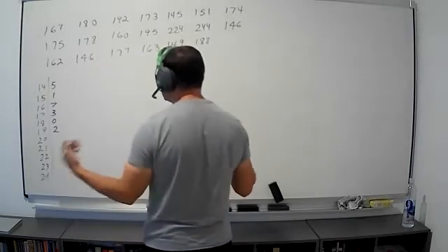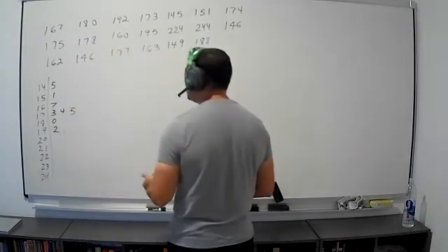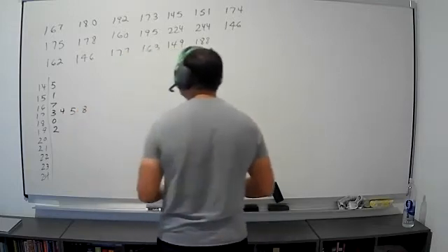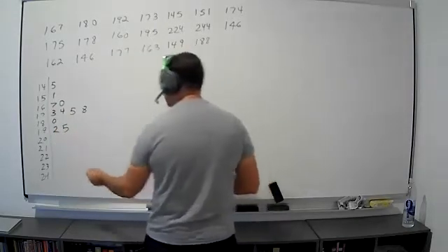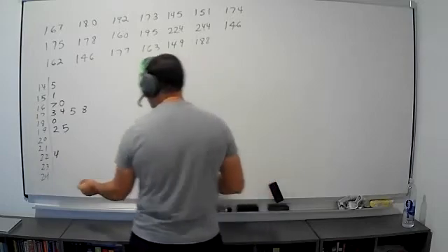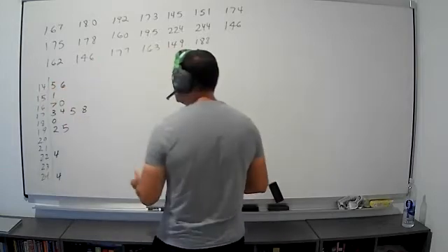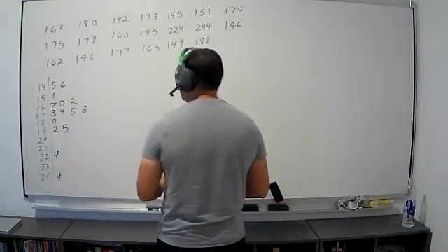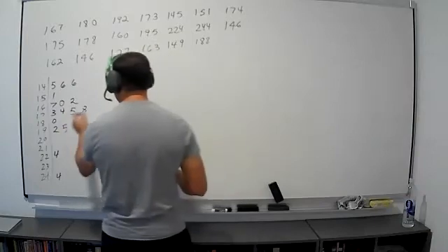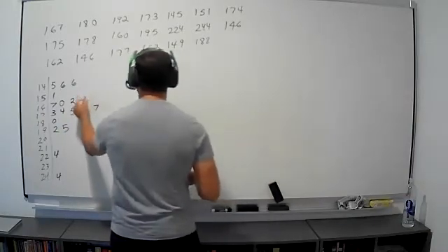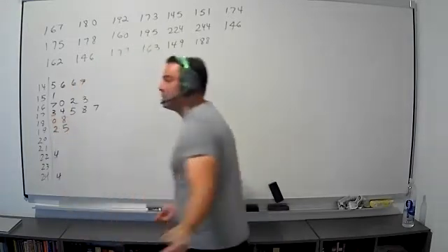Here we go. 174. 175. 178. 160. 195. 224. 244. 146. 162. 146. 177. 163. 149. 188. And we just created our stem and leaf plot.